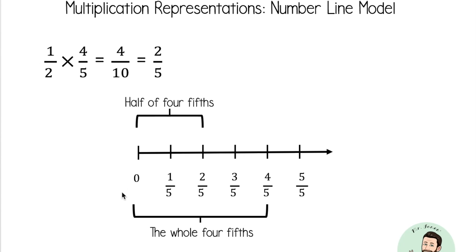So in this case, I took 4/5 to be my whole, and then I took half of the 4/5, which visually we can see is 2/5. So this one's kind of cool because I can skip the reducing of 4/10 to 2/5 that we would do if we were just using our abstract or our algorithm.